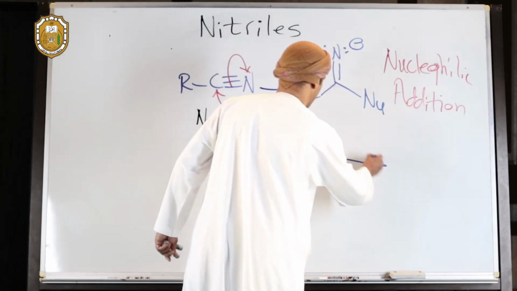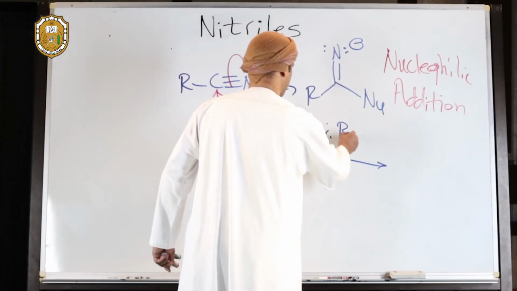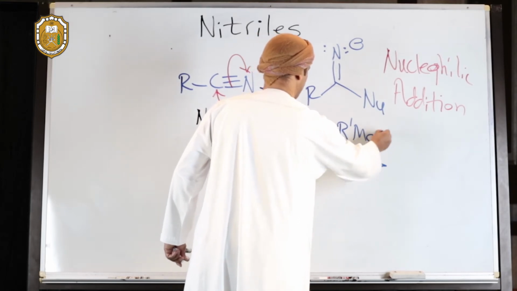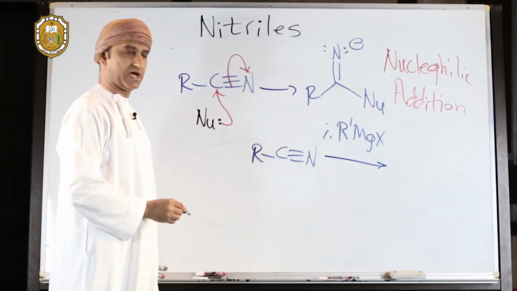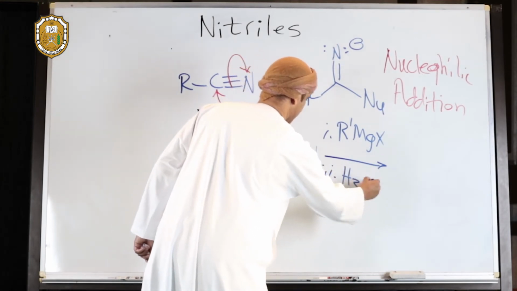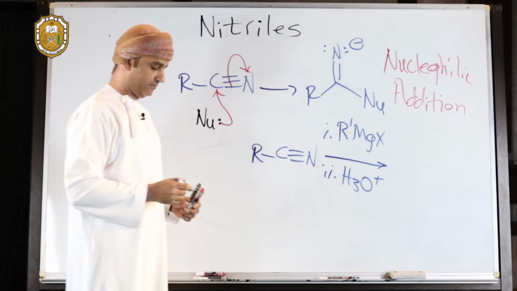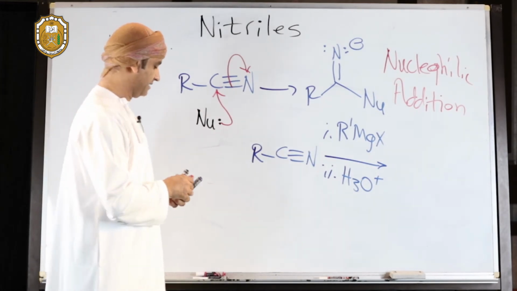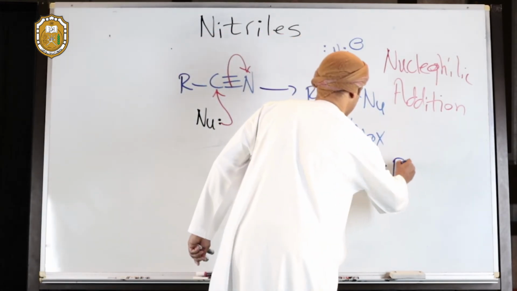So if you react a nitrile with a Grignard reagent of this general structure in a first step, followed by protonation of the resultant intermediates, the product will be a ketone.